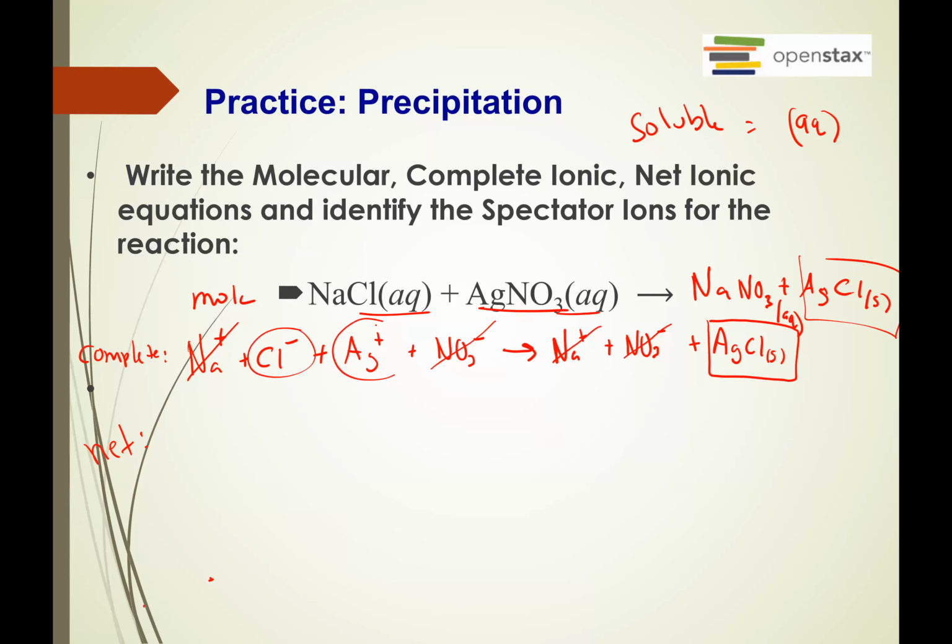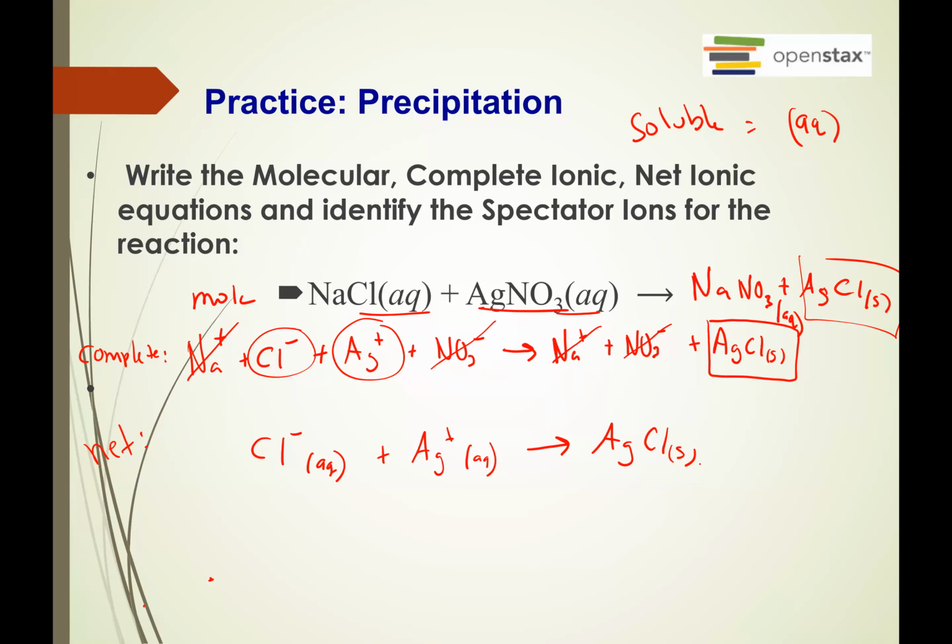And so then we just take everything else down. So Cl minus, and now I have room, so I'm going to write the aq's, plus Ag plus aq makes AgCl solid. That is our net ionic equation. It's pretty much the stuff that makes the solid.